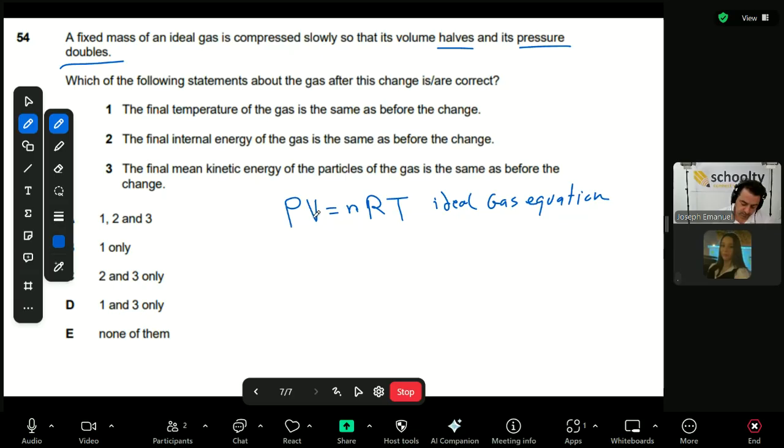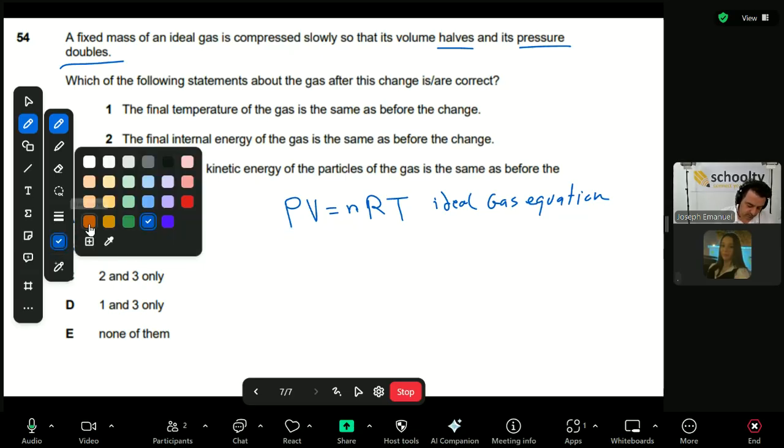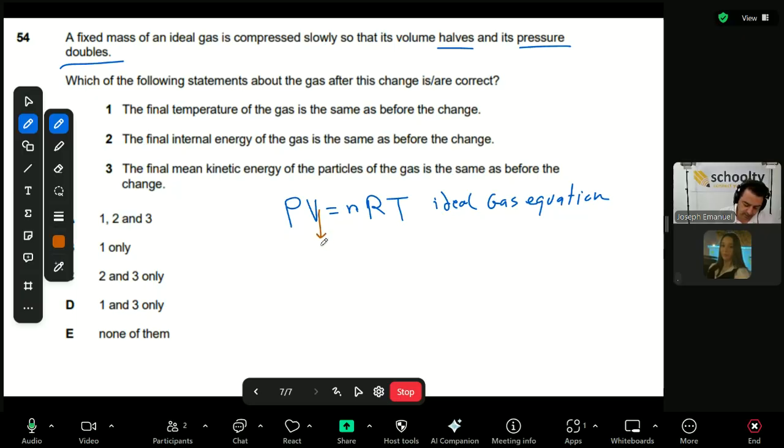Pressure, volume V, and T is the temperature, correct? Yes, n is the moles and R is a constant. Okay, so if V goes to half and P doubles, so actually we have here the same, right? Constant. So T is also not changing here.